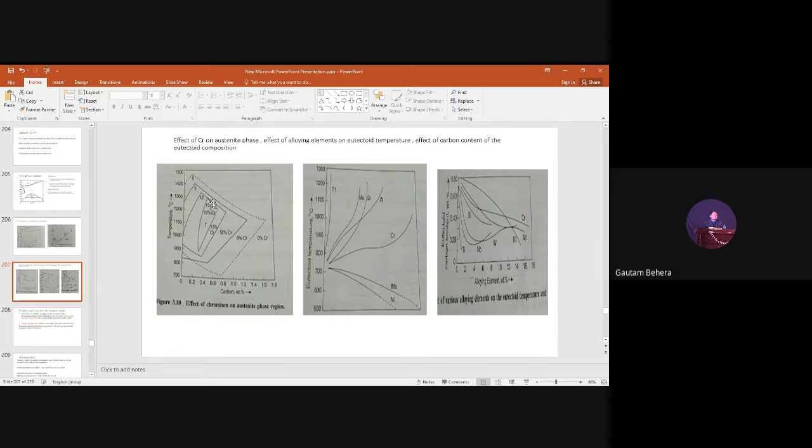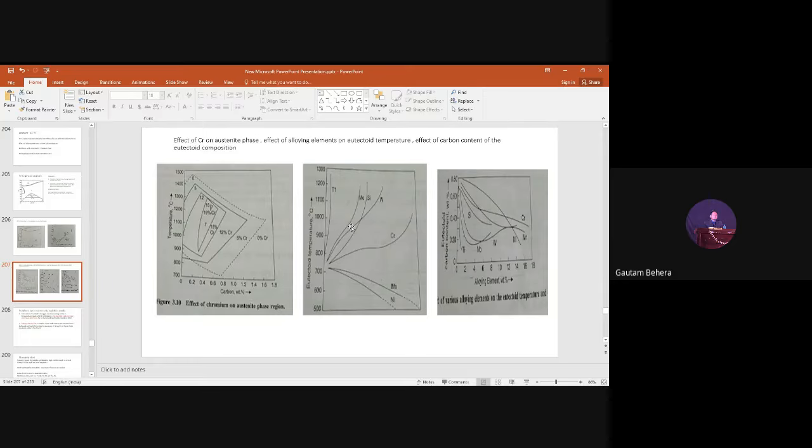You can see a small region of gamma left over here, right? And also you can see, suppose this is your A4 line, it is decreasing. And suppose this is your A3 line, this one, right? The A3 line is increasing, or I can say the A3 point will go up and the A4 point will go down. It is okay now.